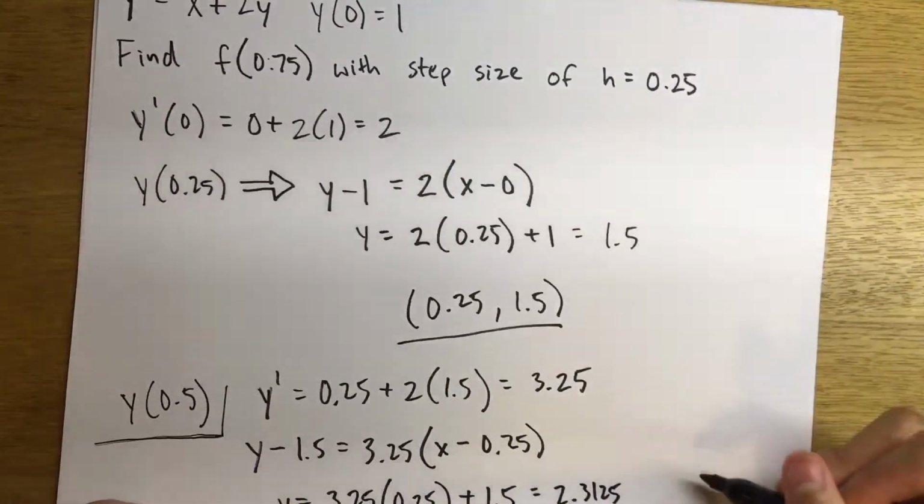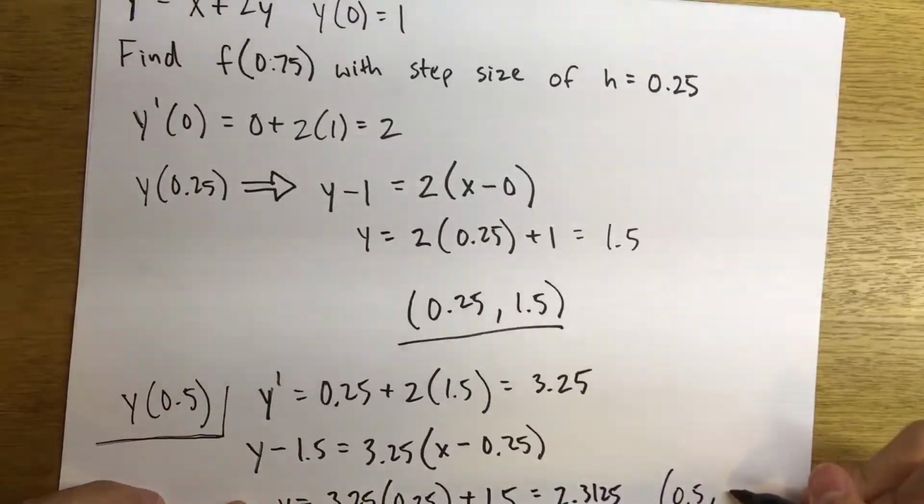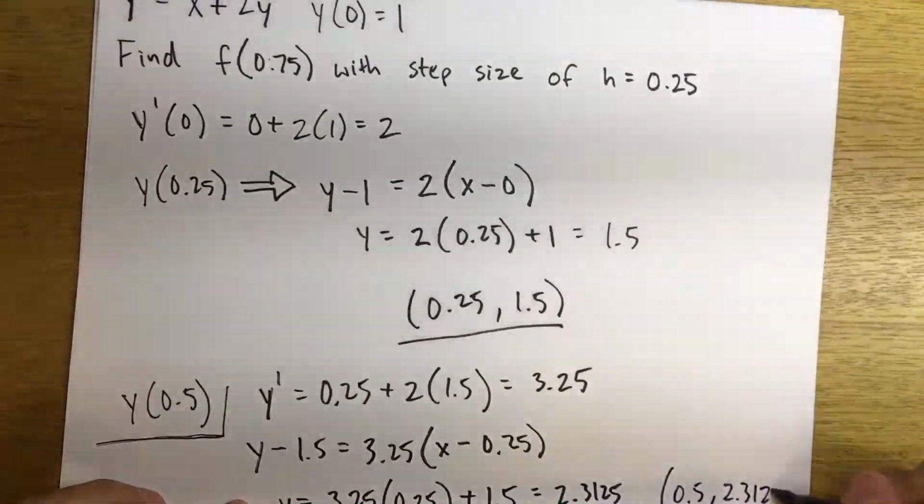So that means our next step's value of y of 0.5 will equal 2.3125.